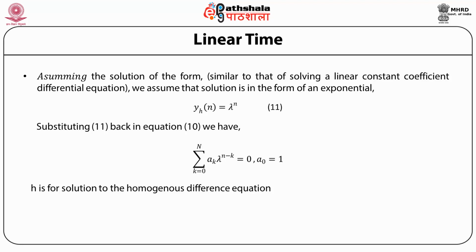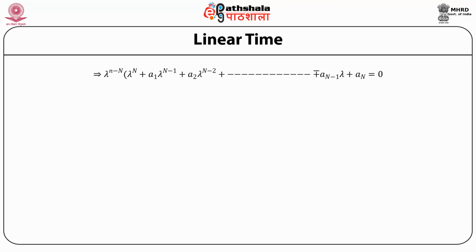So for the solution to the homogeneous difference equation, we get lambda to the power n minus N multiplied by lambda to the power N, plus a_1 lambda to the power N minus 1, plus a_2 lambda to the power N minus 2, and so on, plus a_(N minus 1) lambda plus a_N equal to 0.